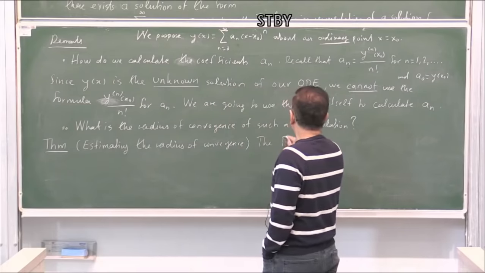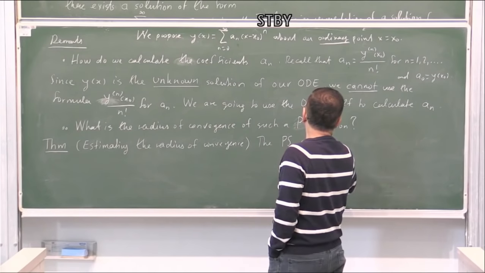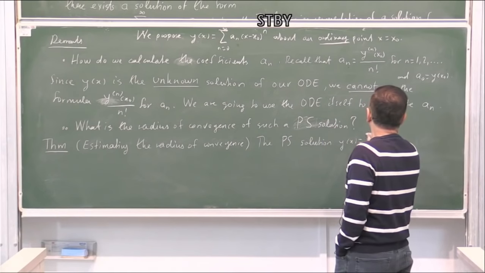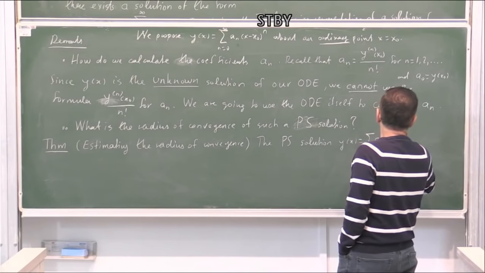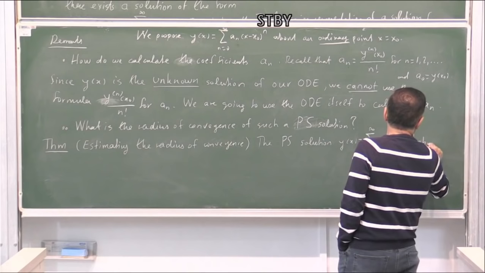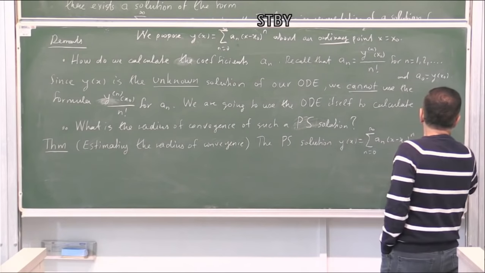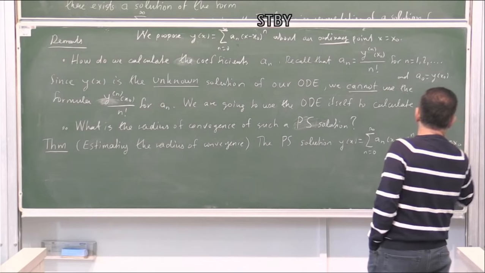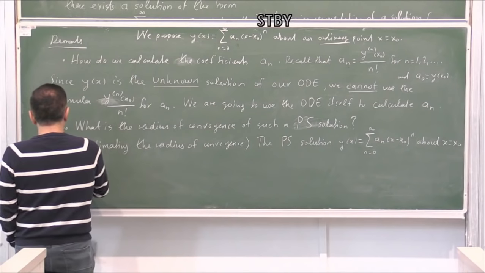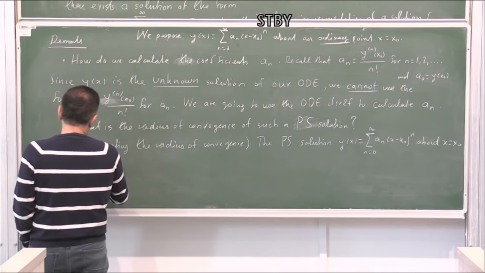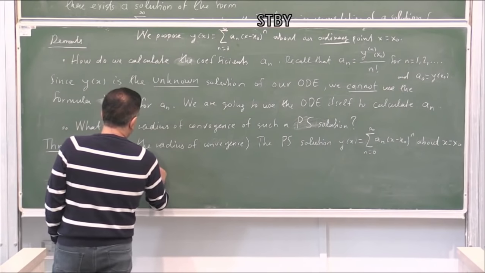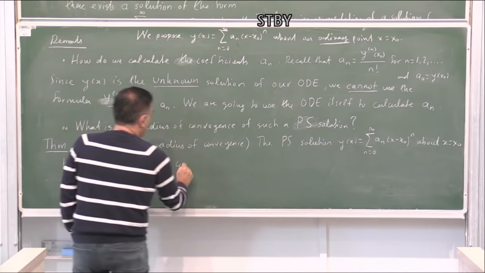The power series solution about x equal to x0 has a non-zero radius of convergence.